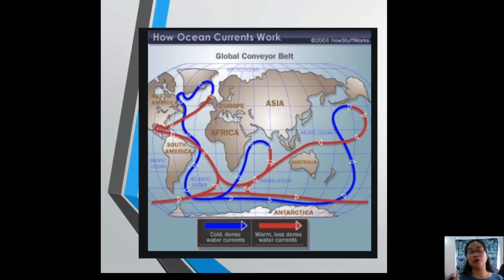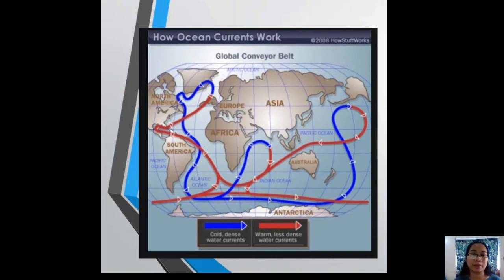Then, yun na yung role ng ocean current. Okay, let's take a look at the next slide. Okay, we have these ocean currents na tinatawag natin thermohaline circulation, the Great Ocean Conveyor Belt. So, currents circulate water through the world's oceans like a giant conveyor belt, carrying heat from the tropics towards the poles and then sending colder water back in deep currents.